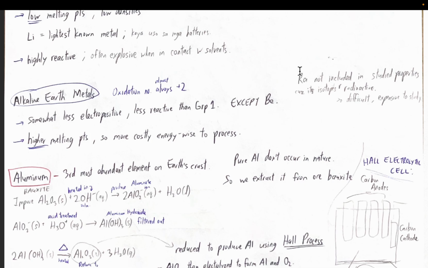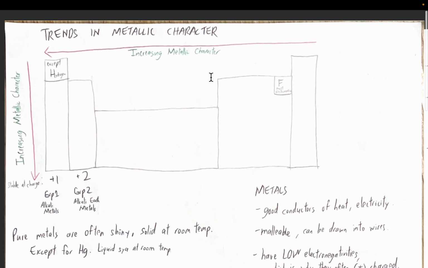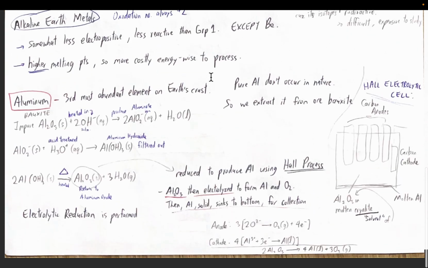So in the same kind of idea, radium, which is located in group 2, is not included in the studied properties because its isotopes are radioactive. Therefore, they are difficult and expensive to study. So, okay, we're done with the first two groups of the periodic table in terms of the context of metals.